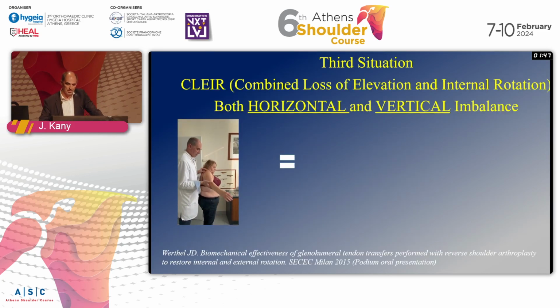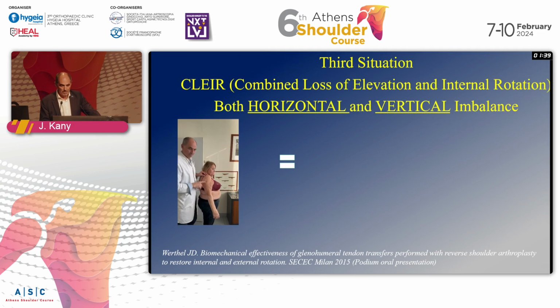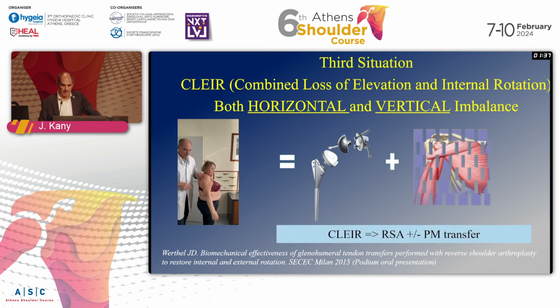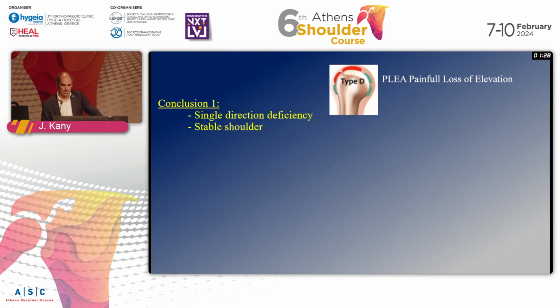And finally, this is the situation I've described, the combined loss of elevation and internal rotation. It is a cervical shoulder because there is both horizontal and vertical imbalance, and in that situation, you can put, yes, a reverse plus a tendon transfer if you want, but I think in that situation, it's not really useful.